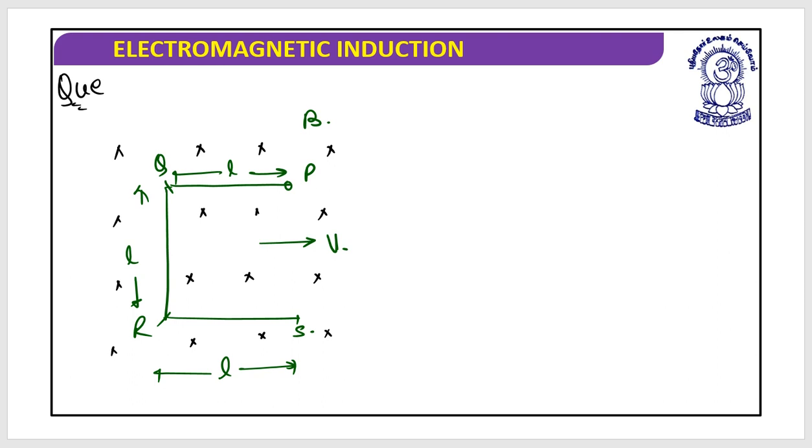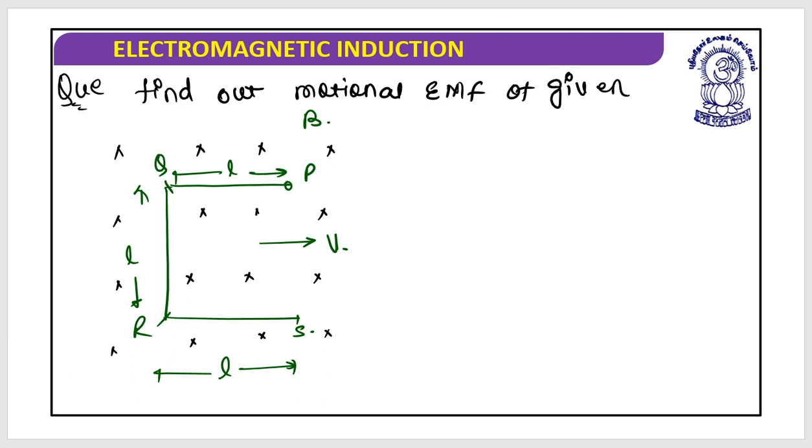Question says that find out the motional EMF of the given situation. So how will you do this? If you observe the motion of PQ, its length element is in this direction, it's a dl.